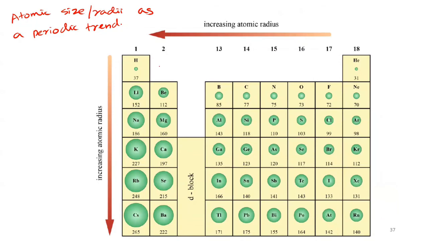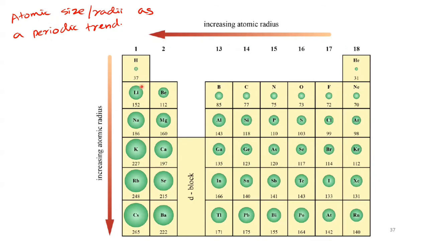You can see that when you go from left to right, the size of the atom shrinks. So going from left to right, the size of the radius decreases, or going from right to left, the atomic radius increases.